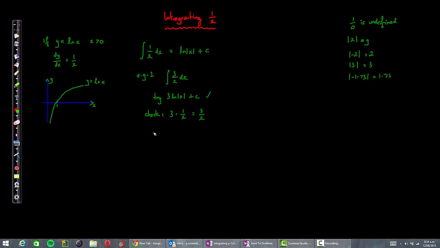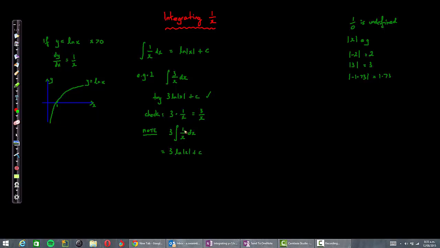What I'd like you to notice is that we could have got that same result by starting with this function here and pulling that 3 as a constant out the front of the integral. If you do that, you can use this basic result more directly and you still get the same answer, of course.